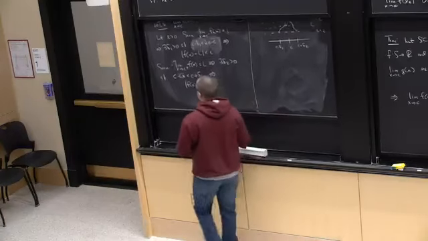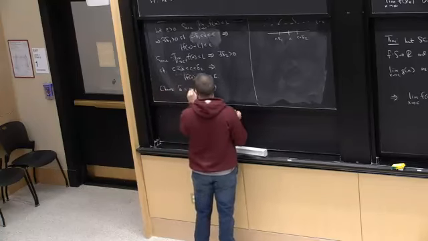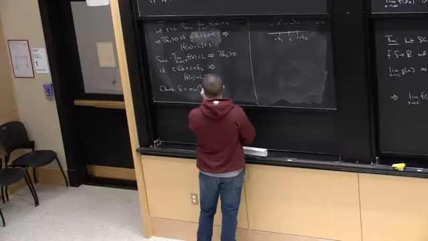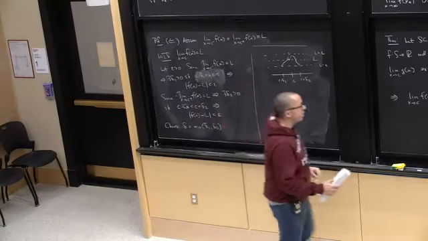Now choose delta to be the minimum of delta 1 and delta 2. And then we'll now show that this delta works.